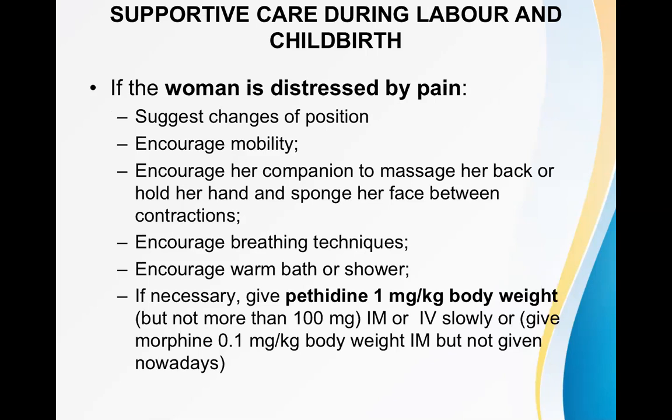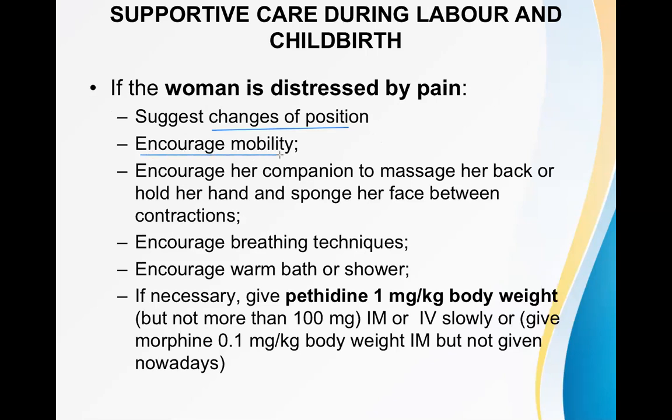Now, if she has too much pain, if she is distressed by pain, what should we do? Okay, this is very important information. Now see here. Suggest change of position. Sometimes it may help. Encourage the mobility around the delivery room. It may help. So let me go a bit slowly. So change of position we talked about.